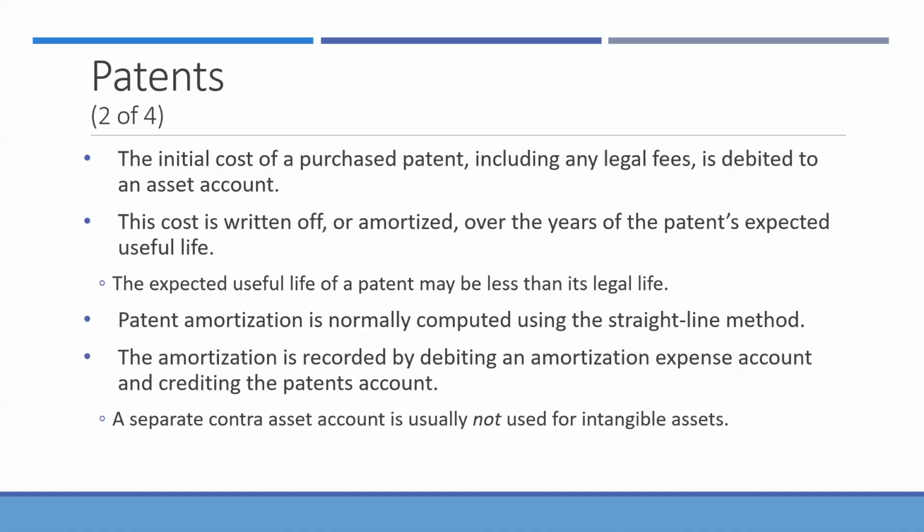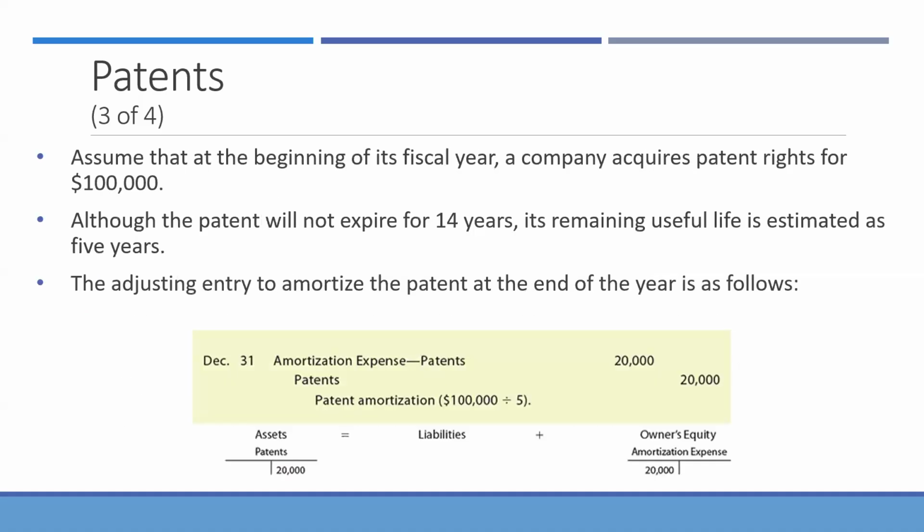Amortization expense is recorded by debiting amortization expense and then crediting patents directly. We don't have accumulated amortization. We just reduce it directly. So in this example, we acquired the patent right for $100,000 at the beginning of the fiscal year.